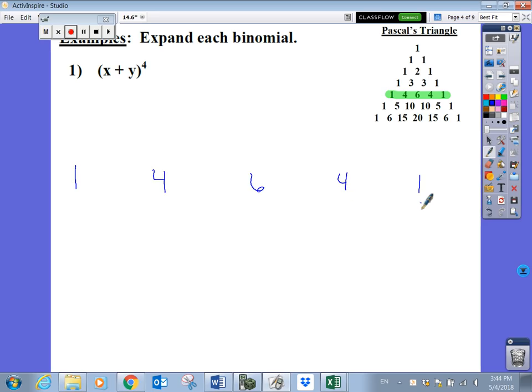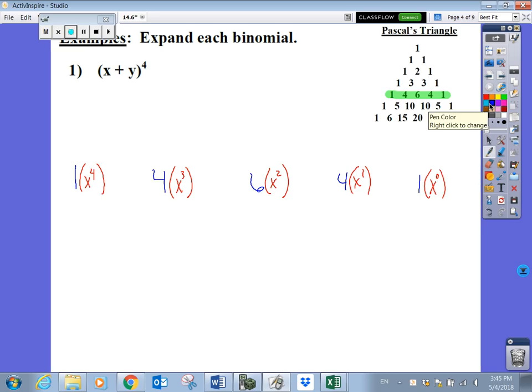All right, so the first thing you do, and it might be easy for you to use different colors, is we take the first term and we raise it to the 4th. So this is going to be times x to the 4th. And then we go down: x to the 3rd, x squared, x to the 1st, and x to the 0.